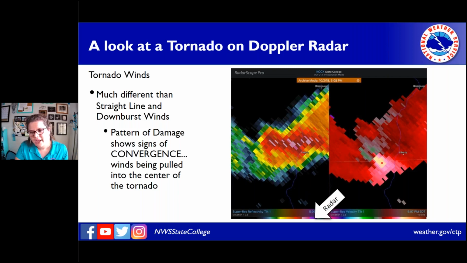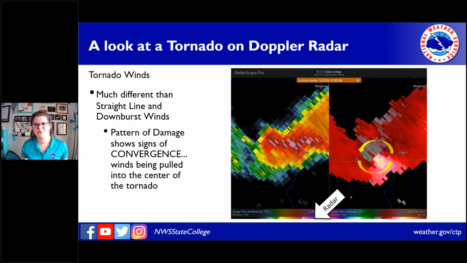So we have our reds going away from the radar, greens going towards. And because they're not along the same beam, the same radial from the radar, but across several beams, that is how we determine if there's rotation. So we can actually see counterclockwise rotation here.